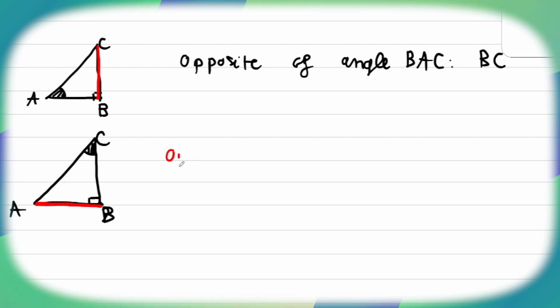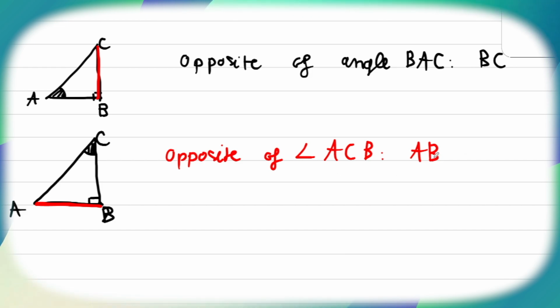So the opposite side of angle ACB will be AB. Yeah, this will be AB. It's not BC anymore. So the opposite side means you have to choose one angle first, and that angle represents the eye, and the eye looks at the world, and that world will be the opposite side of this angle.